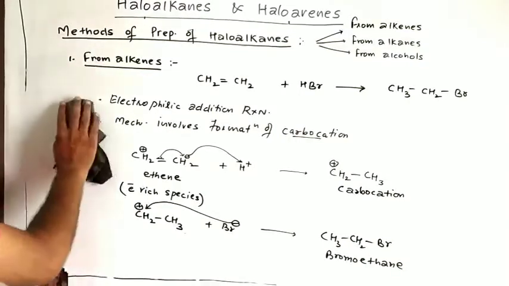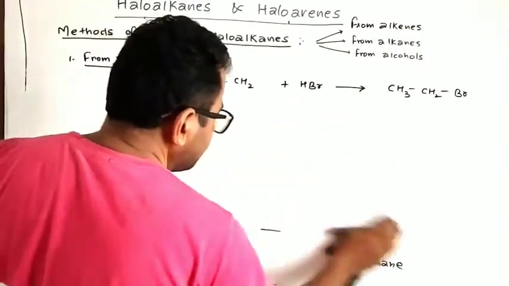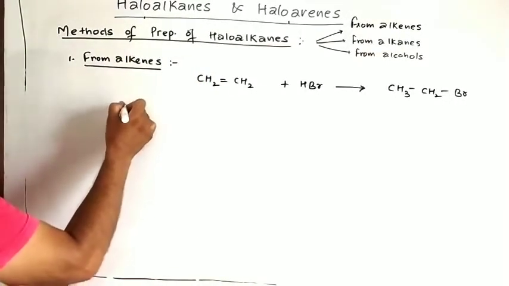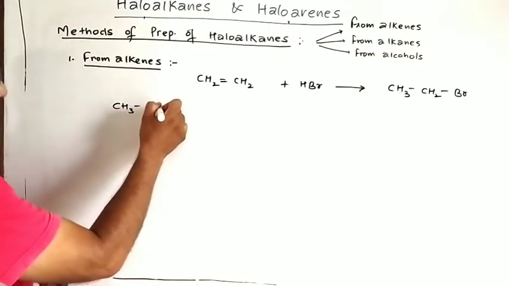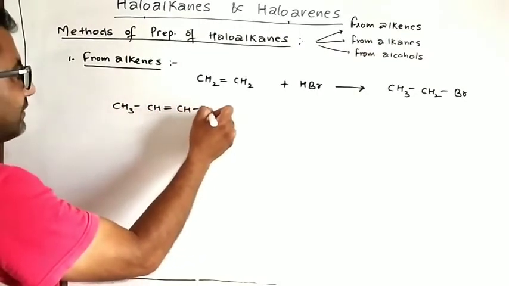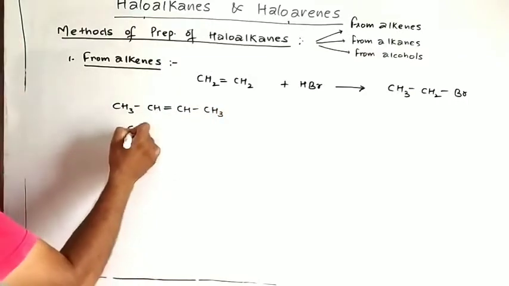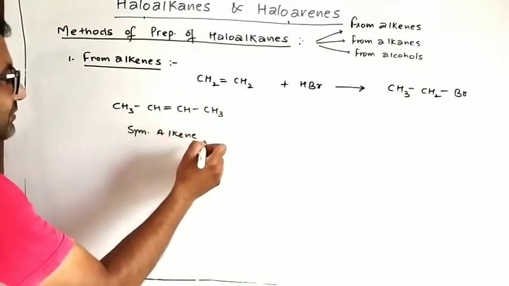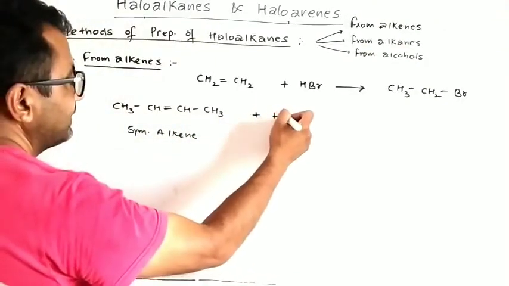Let's see some examples of this reaction. Suppose we have but-2-ene. This is also a symmetrical alkene. It doesn't matter which side the double bond shifts to.